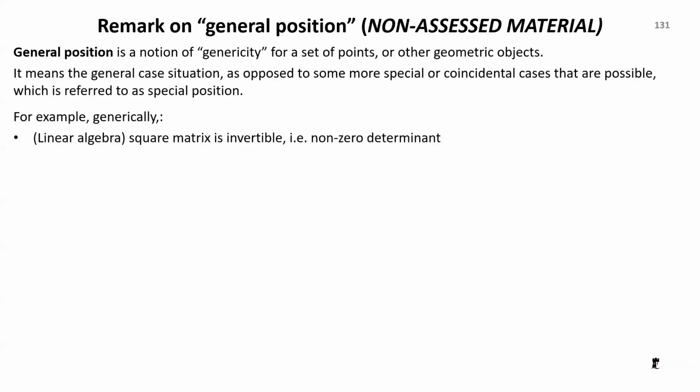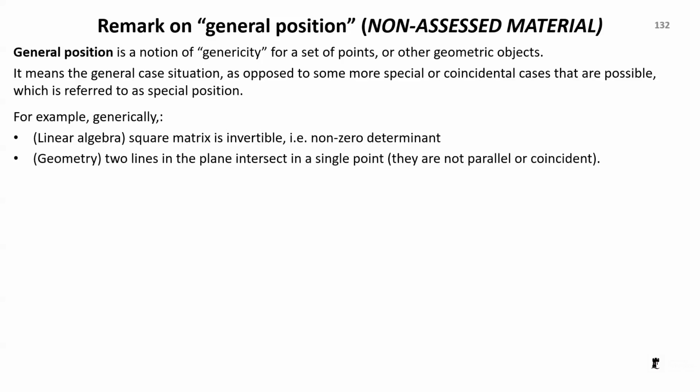For example, linear algebra: we say square matrices, in most cases, are invertible, right? But for some unique cases, those matrices cannot be inverted. So we call the general problem: is the square matrix invertible. And also geometry, this is the problem we have, right? Our problem can be illustrated as a geometry problem.